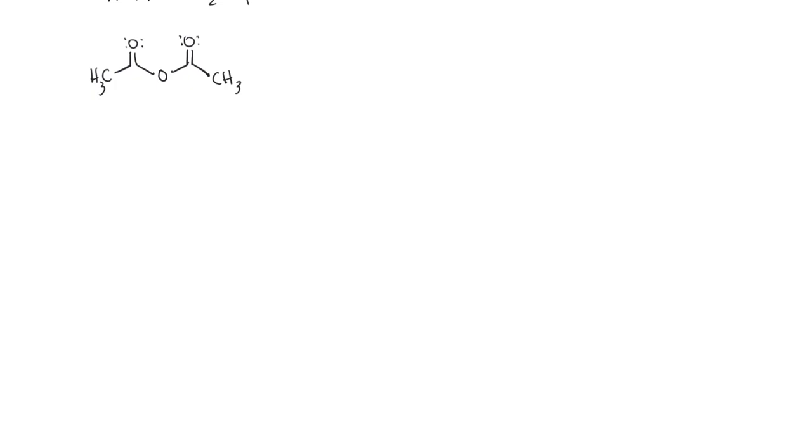In this case, R prime and R double prime are the same thing. An acid anhydride is when you have a carbonyl group, which is a carbon double bonded to an oxygen, and then that's bonded to an oxygen, which is bonded to another carbon that is in a carbonyl group with an oxygen. And then these groups over here have to be some other carbon or chain of carbons of that nature.